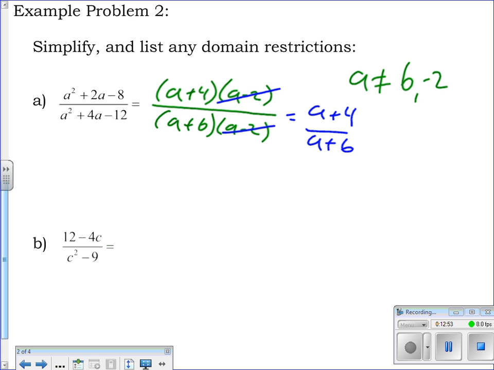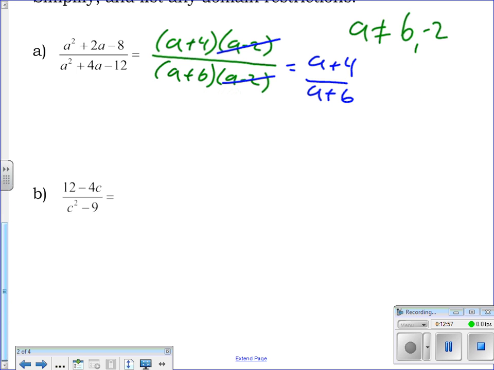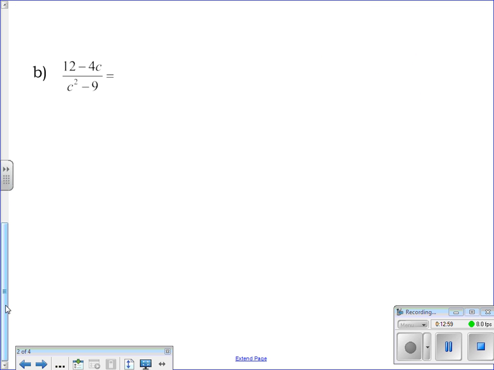So if we look at this one here, move it up a little bit, and I want to factor. I factor out a 4 in my numerator: 4 times 3 minus c. My denominator is the difference of 2 squares: c minus 3, c plus 3.